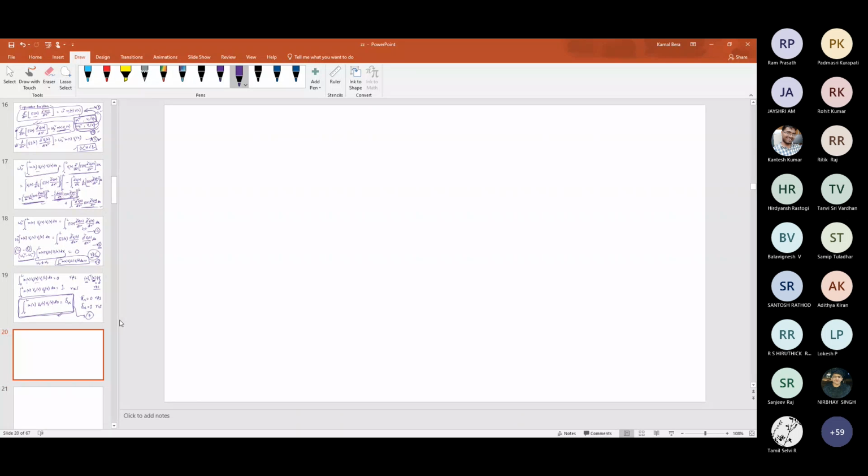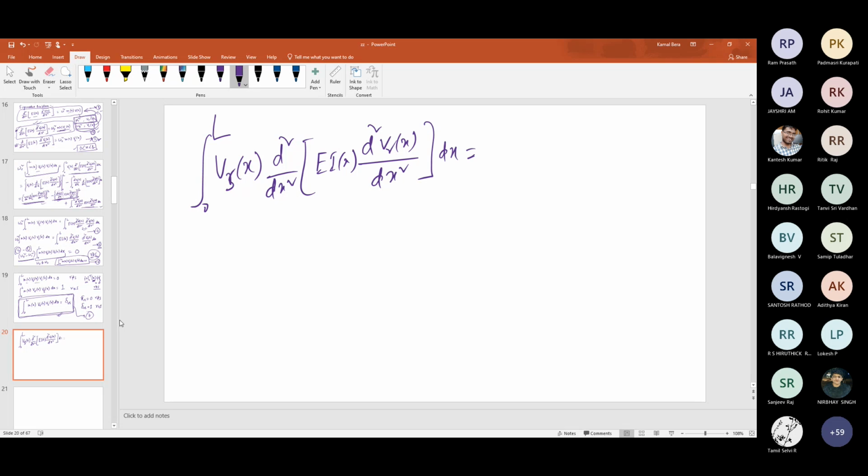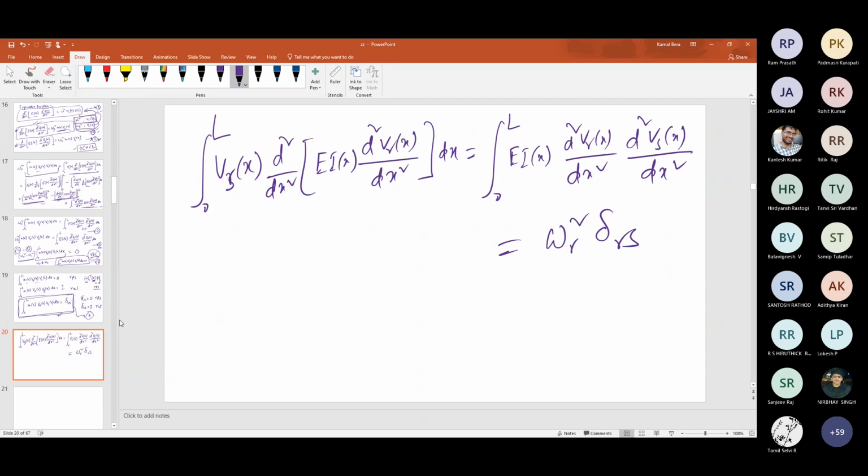So substituting the equation there, I will get integral 0 to L, Vrx or Vsx, doesn't matter, d2 by dx2 of Eix d2 Vrx by dx2, into d2 Vsx by dx2 dx, equals omega r square into Kronecker delta.